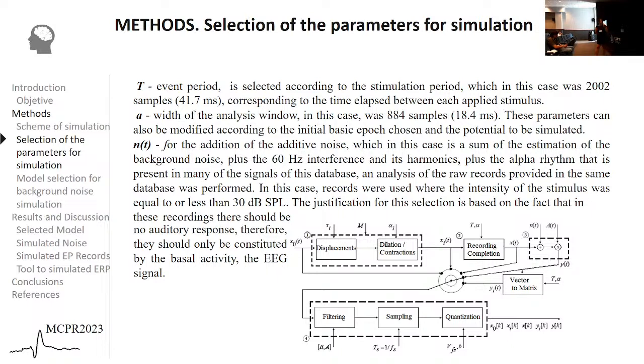In this case, records where the intensity of the stimulus was equal to or less than 30 dB SPL, sound pressure level. The justification for this selection is that in this recording there should be no auditory response. Therefore, they should only be constituted by the basal activity, the EEG signal, only the EEG signal.